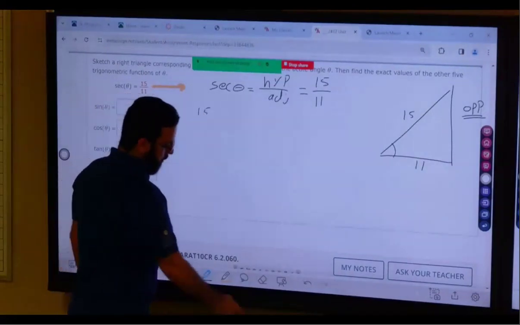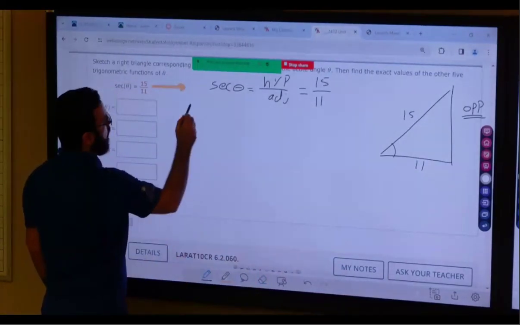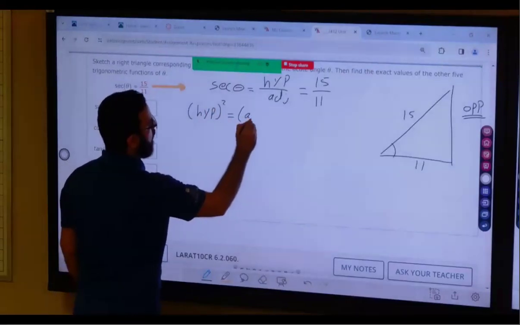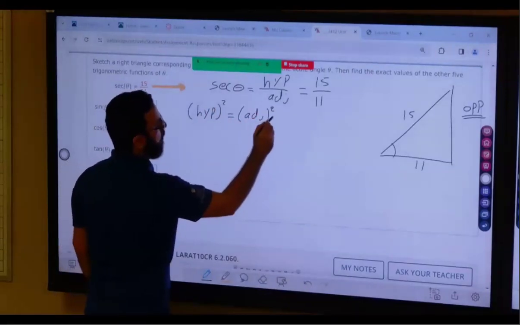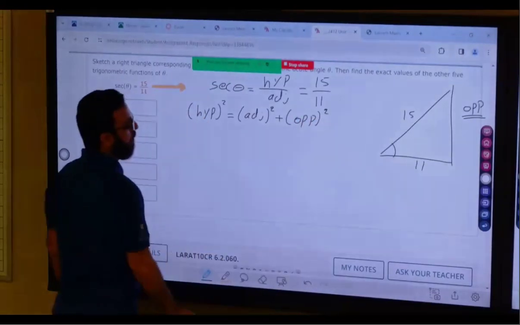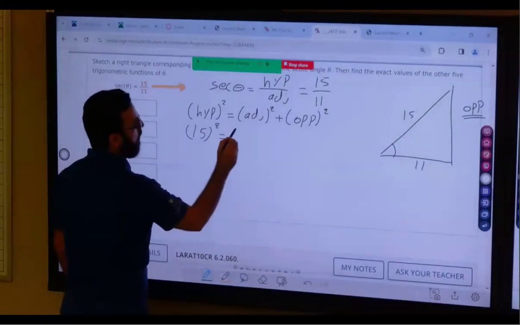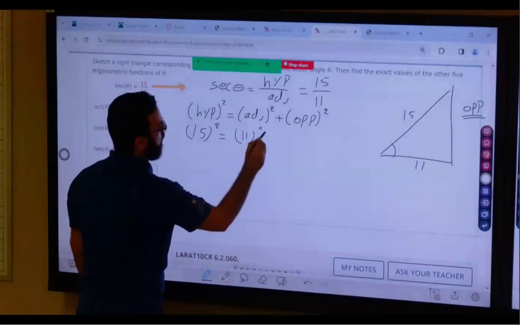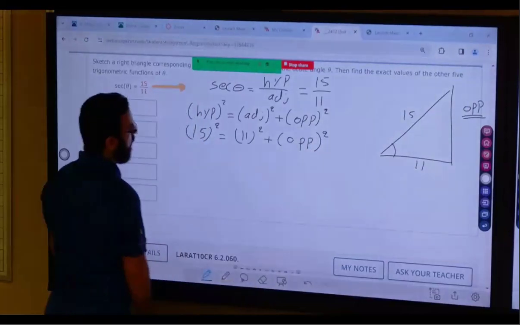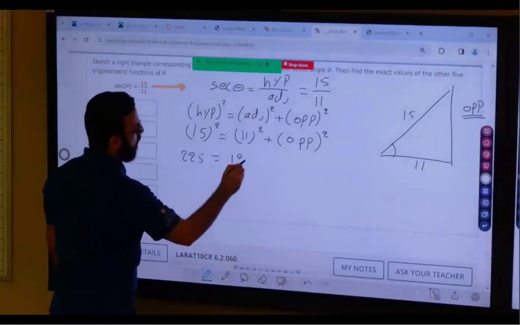So hypotenuse squared is going to be equal to adjacent squared plus the opposite squared. 15 squared equals 11 squared plus the opposite squared. 15 squared is 225, equals 121 plus the opposite squared.